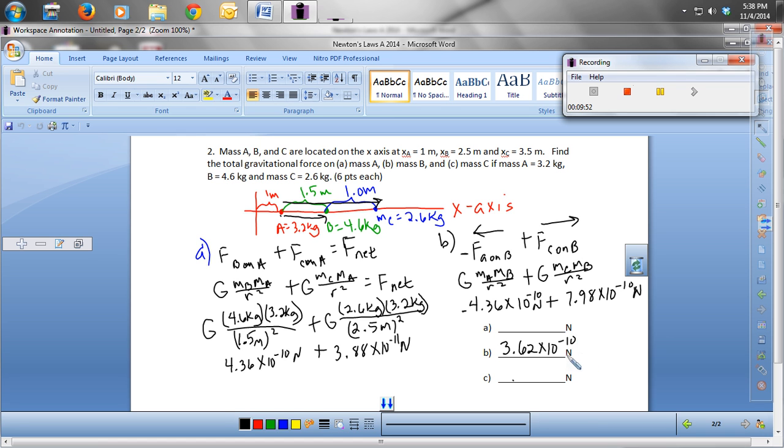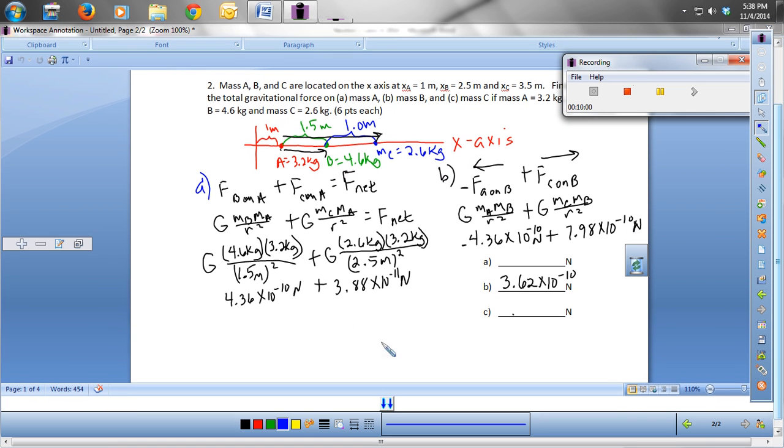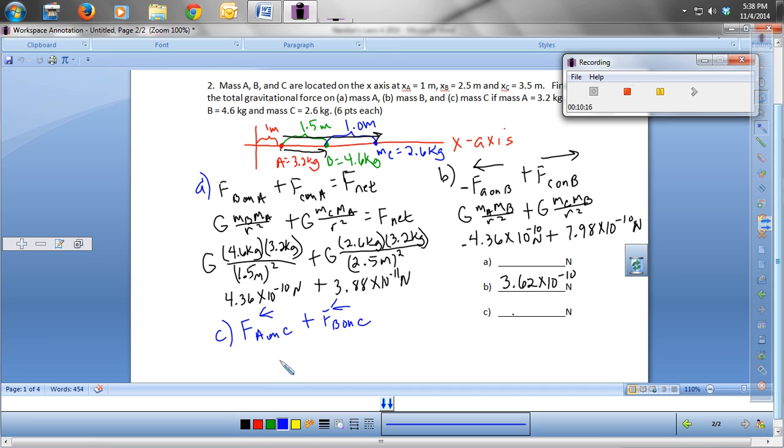Okay. Last one to do is letter C. So for C, I need to find the force of A on C plus the force of B on C, because A is trying to pull C to the left, B is trying to pull C to the left. So we've already done the force between A and C. We did it right here.